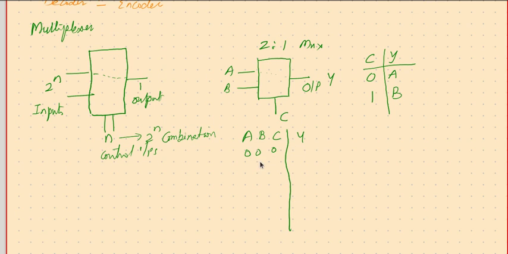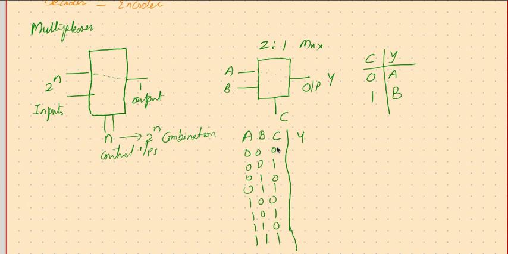So 8 options. What does it say? The output is the same as A if C is 0, and the same as B if C is 1. So let's work with respect to C only.